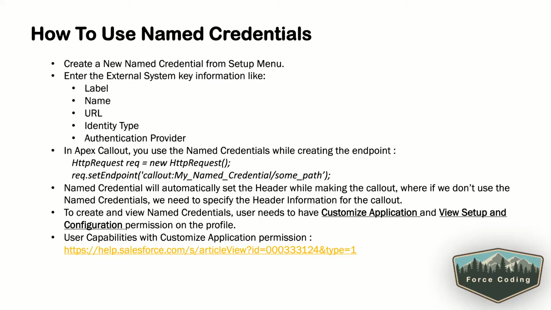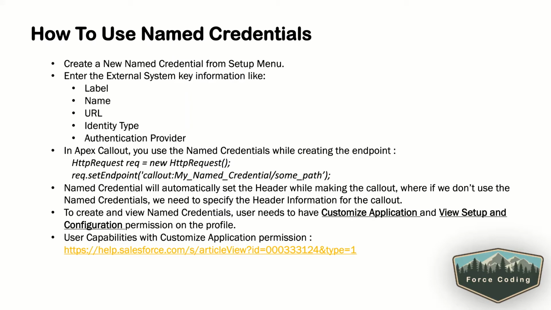For a particular name credential, you have to specify the information, like the label, name, URL, identity type that we have discussed, whether it is per user or named principal, and then the authentication provider, that is, what kind of authentication the external service supports, whether it is JWT, OAuth or password authentication, right?